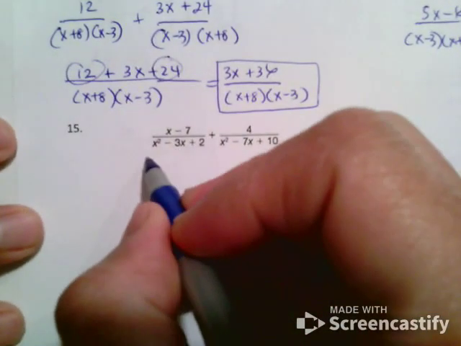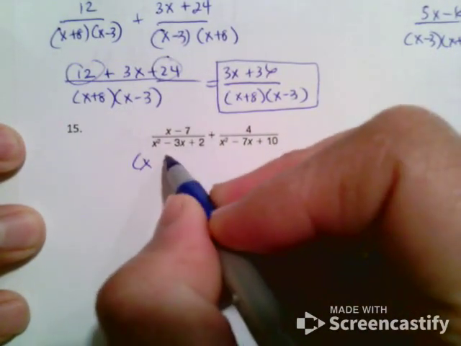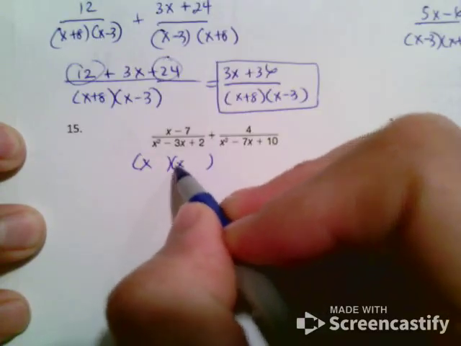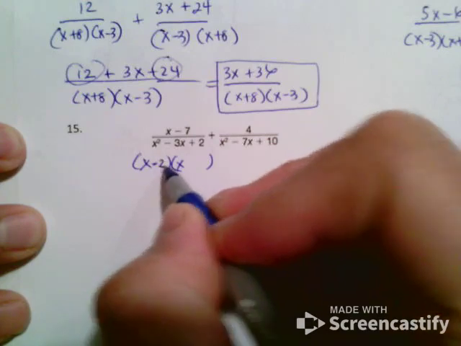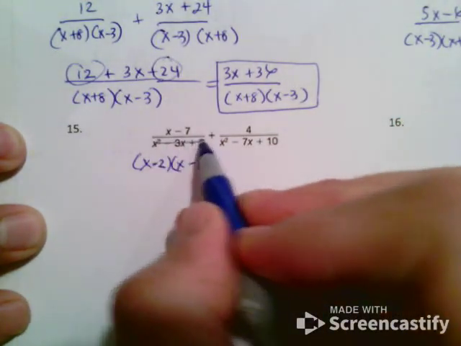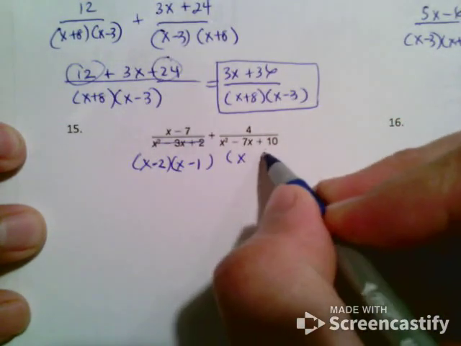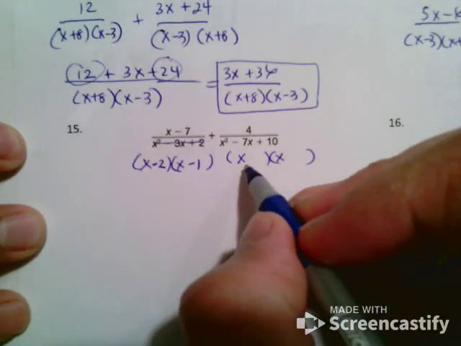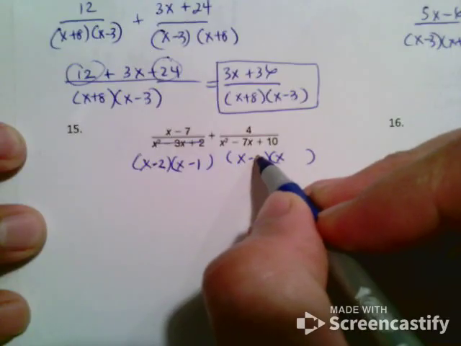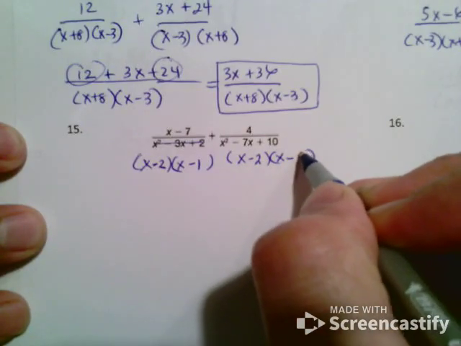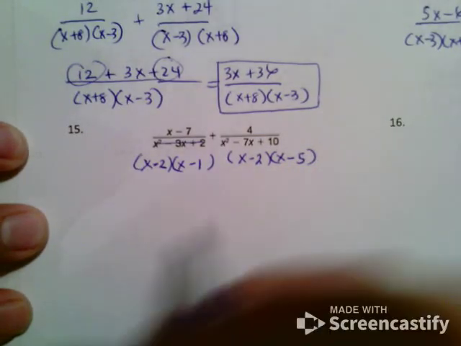Okay, so we need to factor everything. 2 numbers that multiply to be 2 and add to be 3. Here is 2 numbers that multiply to be 10 and add to be 7.